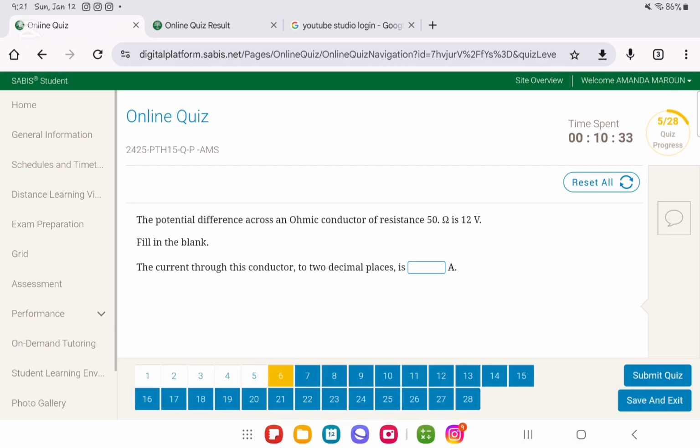Moving on to question number 6. The potential difference across an ohmic conductor of resistance 50 ohms is 12 volts. The current through this conductor to 2 decimal places, they need the current.